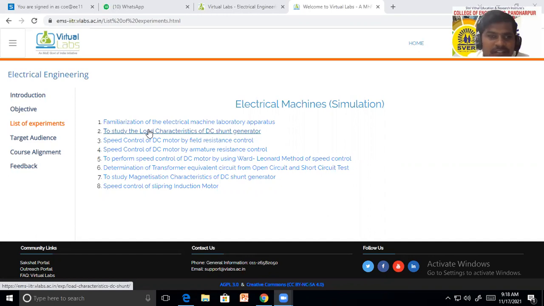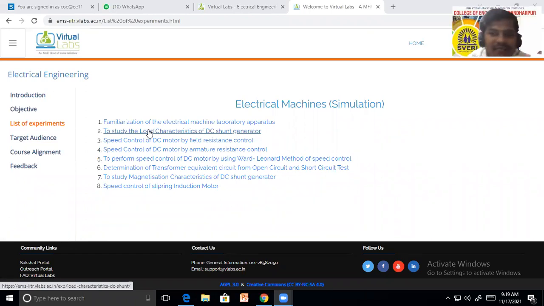For a particular application we need a specific speed, or we want to control the speed above rated speed as well as below rated speed. Somewhere we need less speed as well as more speed. So by using this speed control technique, we control the speed of the motor.